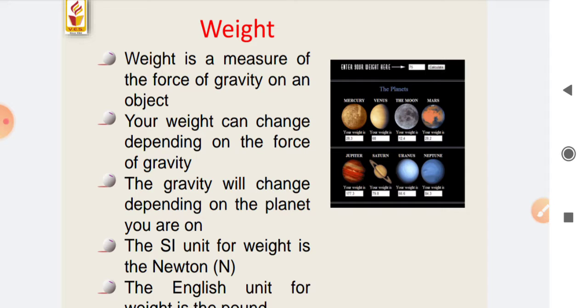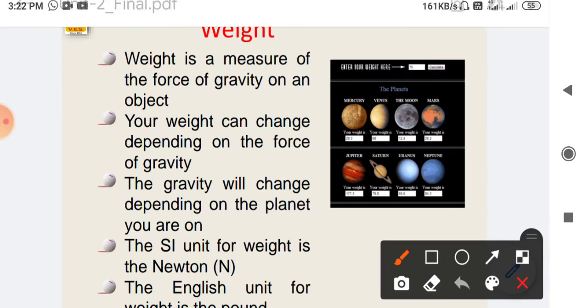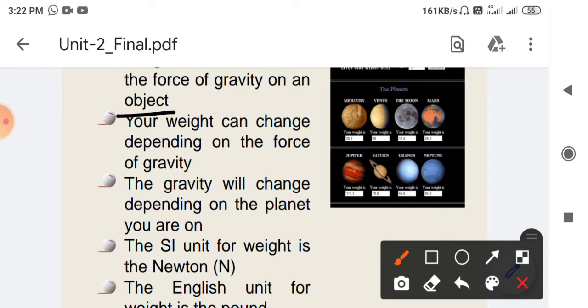Weight is the measure of the force of gravity acting on an object. So your weight can change depending upon the force of gravity. Say your weight on earth is around 50 kilograms.